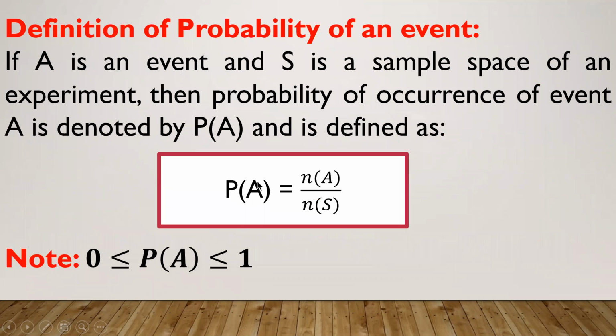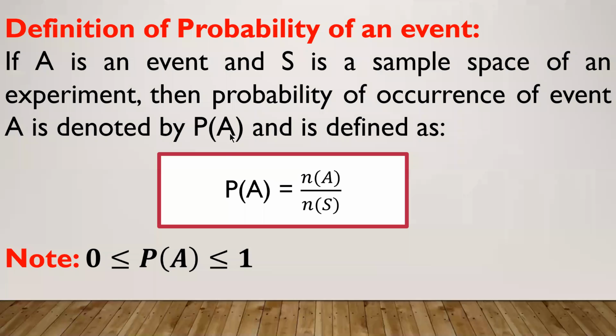Now let us define the probability of an event. How do we give the mathematical definition of probability of an event? If A is any event and S is the sample space of a random experiment, then the probability of occurrence of event A is denoted by P of A, P for probability and A the event.